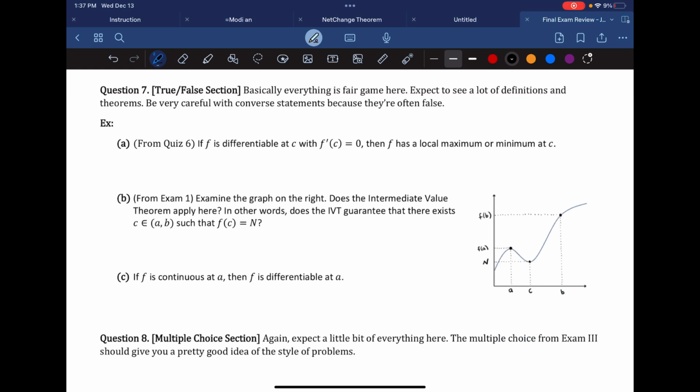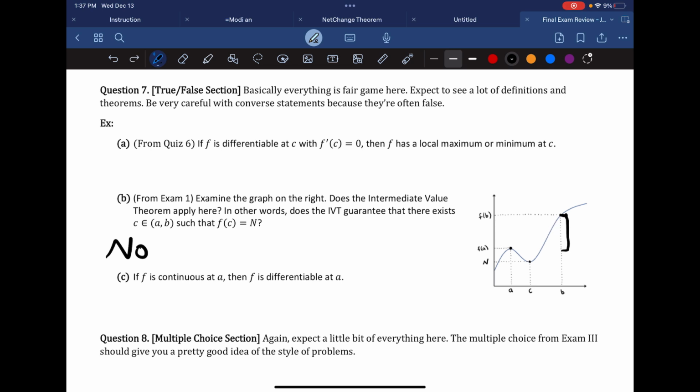All right, so then for B, we're looking at the IVT here. So the IVT is asking about this picture and is asking if it applies for this point, C and N. So this one is going to be no, it does not apply here. So basically, I'm not going to write it all out, but your argument would basically be like, the IVT guarantees that this whole thing is going to be somewhere, you know what I mean?